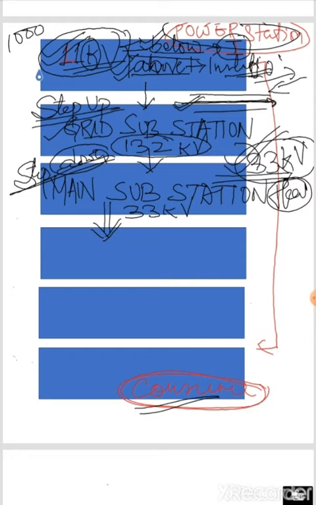And since these industries need a very high amount of electrical power, the main substation supplies 33 kilovolt of power to the heavy industries. All right. Now the second part from the main substation goes to the intermediate substation.